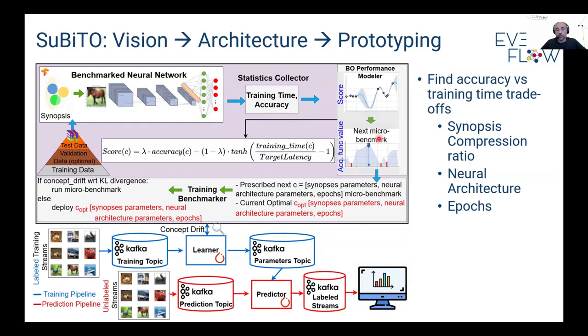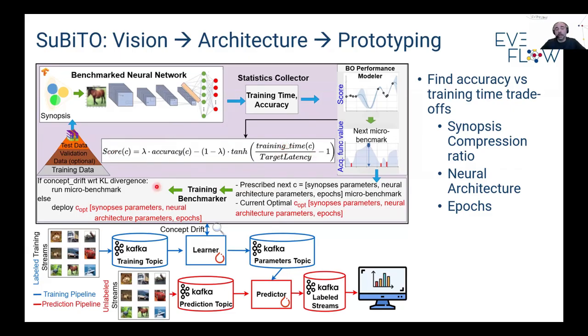So this optimizer over here collects live input from the Kafka training topic and performs a number of trials using Bayesian optimization. In those trials, it attempts to learn the architecture, sample size, and epoch count that achieves the best accuracy versus training time balance using this formula over here.